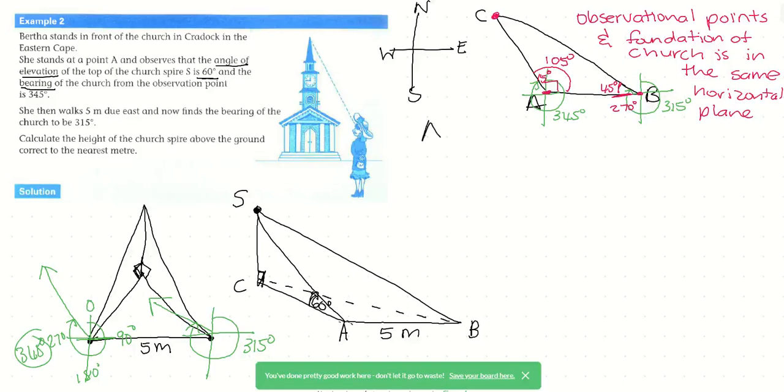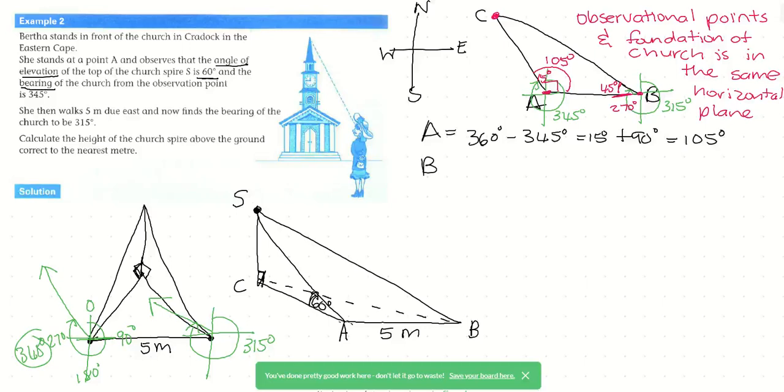So let's do angle A first. Angle A is equal to, we're going to figure out what that angle is, 105, right? So we want to go 360 degrees minus 345 degrees, which is equal to 15 degrees. And we want to add it together to get that full angle. So the whole total angle, you're adding 90 degrees to it to get 105 degrees.